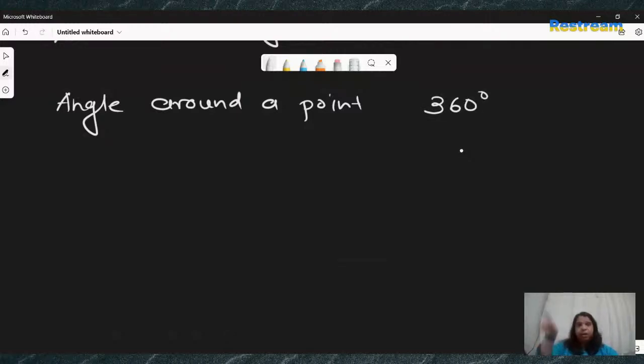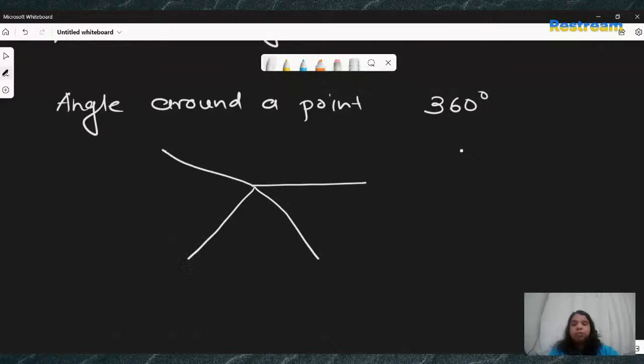So they are giving a complete circle. So let's see. This is my first arm, this is my second arm, this is my third arm, this is my fourth arm, this is my fifth arm. There can be many more angles here, not necessarily only these many. A, B, C, D, E. Okay, and this is O.